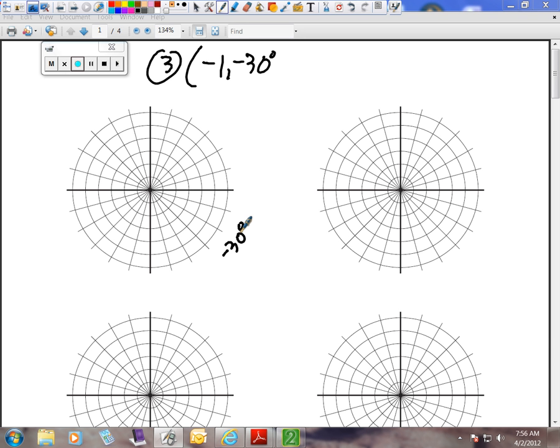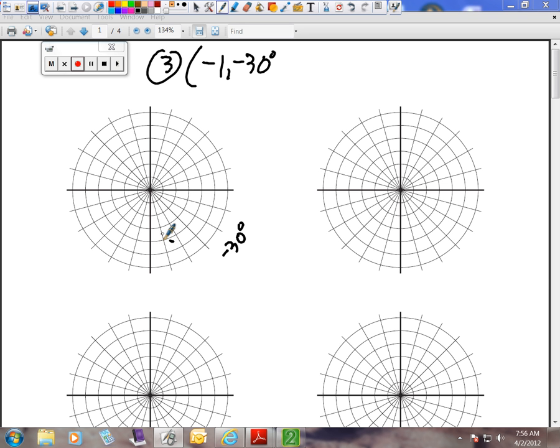Now, normally if that was a positive one, which direction would we go? We've been doing it in the last two problems. Don't we get on this and stay in this quadrant and go this way? Well, if it's negative, you stay on this line, and instead of going 1 this way, go in the opposite direction. So from here, we're going to go out.